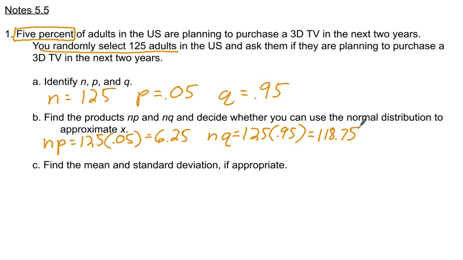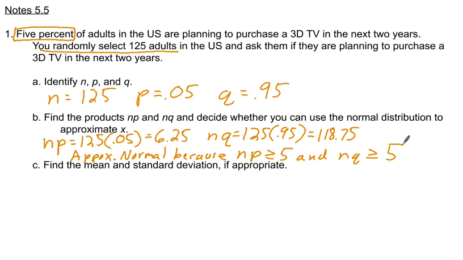Right? So we can say that this is approximately normal because np is greater than or equal to 5 and nq is greater than or equal to 5.